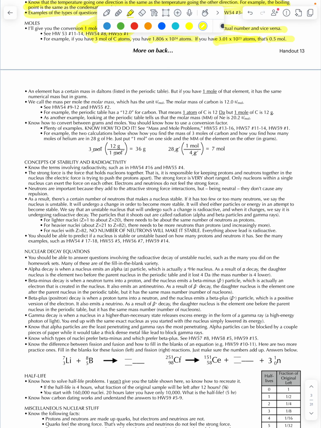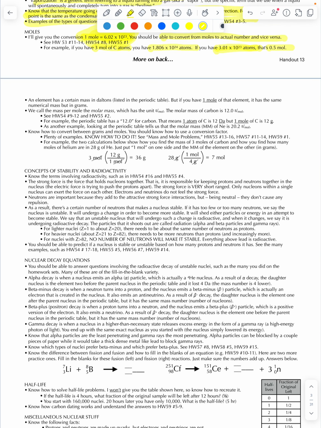So the big idea is, if we look in the periodic table and see, for example, that carbon says 12, that means one atom of carbon has a mass of what? 12 Daltons. But if I had 1 mole of carbon atoms, meaning 6.02 times 10 to the 23rd atoms of carbon, what is the mass of 1 mole of carbon?